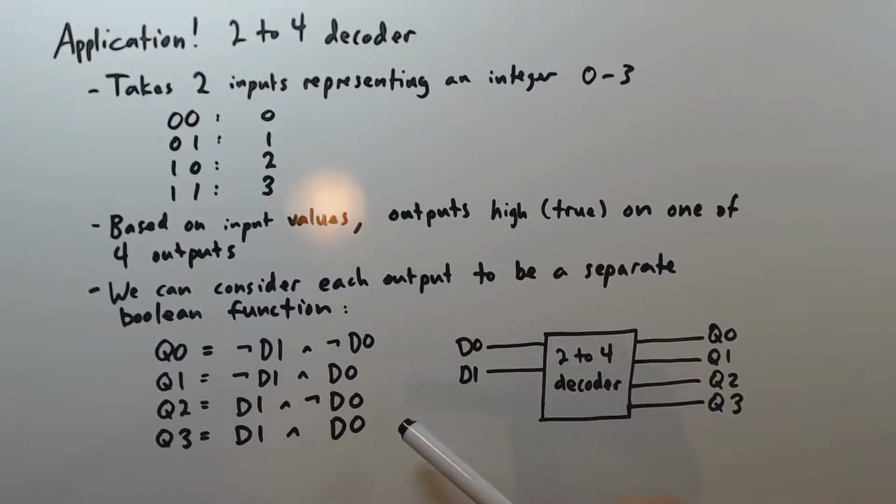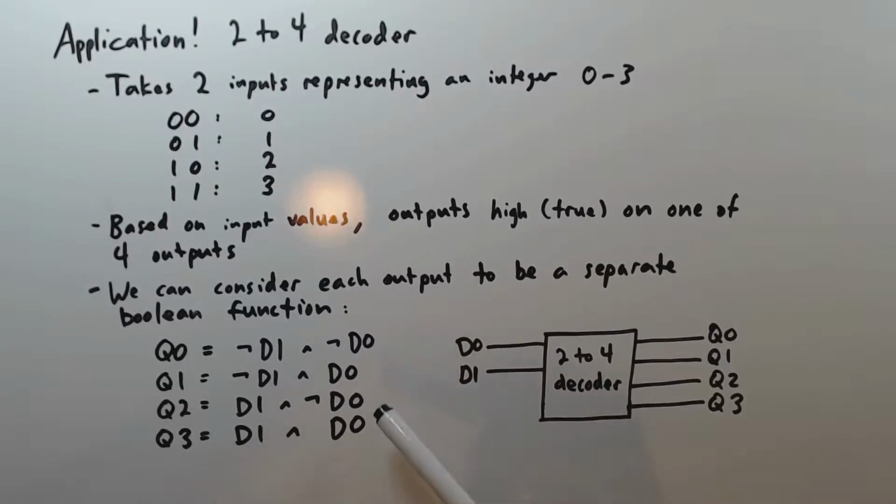Okay, so here are Boolean equations for each of these outputs. Essentially, we can think about each output as being a separate Boolean function. So for example, Q0, we want Q0 to go high if and only if D0 and D1 represent the integer 0. Well, that occurs when D1 is low, meaning false, and also D0 is low, meaning false. So the equation is that Q0 is true when D1 is false and D0 is false.